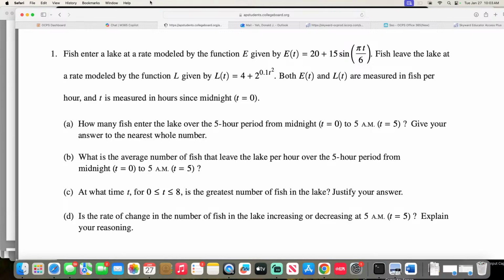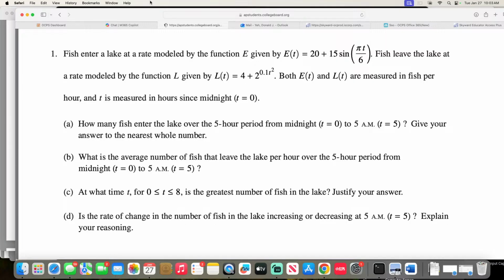Yeah, it's average. So for average, you had to divide it by 5. It's like saying average velocity, remember?